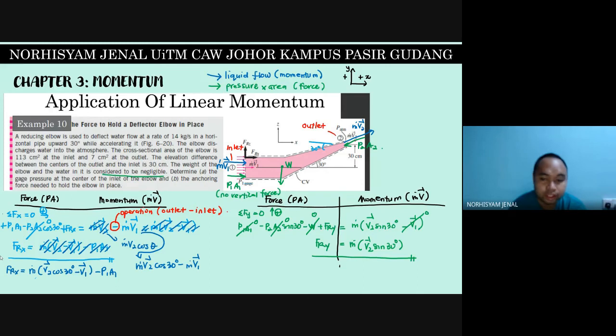Okay. And then we find out what is FRX or FRY. It can either be Z or Y, it doesn't matter as long as you define it. So here we have FRX and FRY. How do you find out the amount of FR? At the end, when you find FRY and FRX, FR is equal to the square root of FRY square plus FRX square.